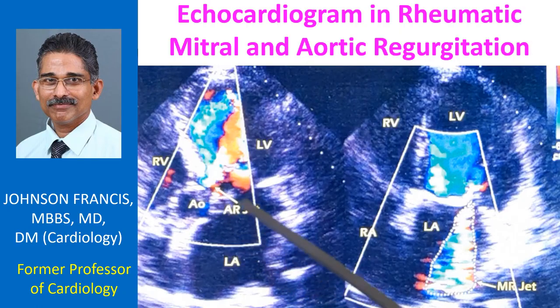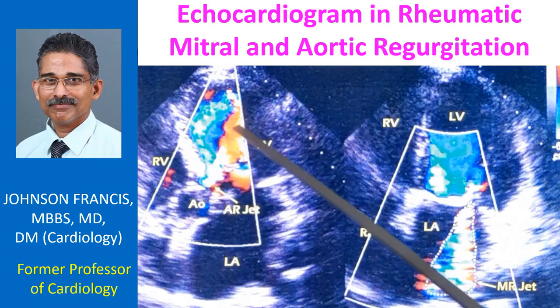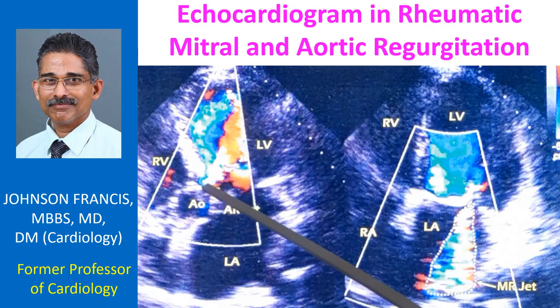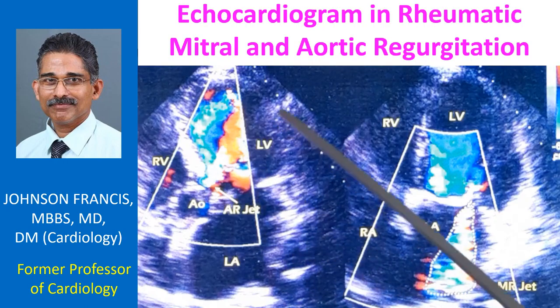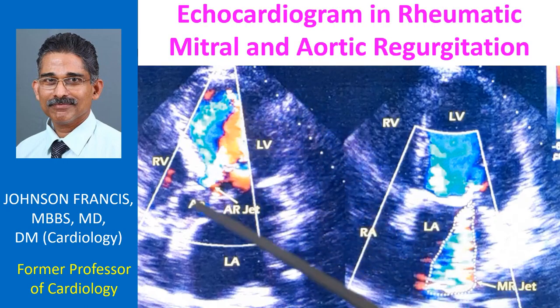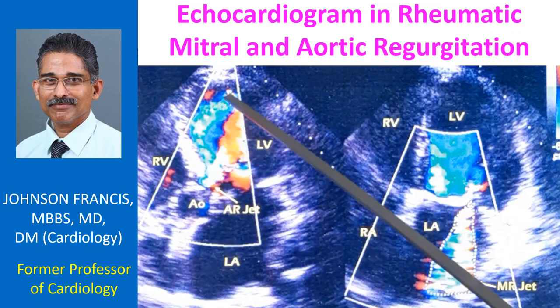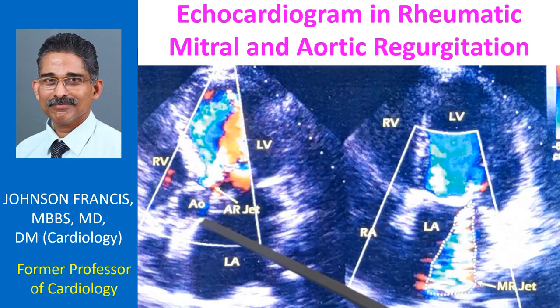So most likely, this jet is going up to this and swirling around, producing a blue jet in the opposite direction, because as the aortic valve is closed and the regurgitant jet is coming in, left ventricular diastolic pressures are lower than the aortic pressures. So this jet cannot go usually into the aorta. So this is probably a swirling around of the aortic regurgitation jet.